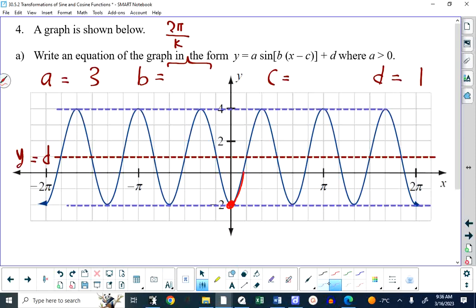So this goes up, up, down, down to that point, which means that this is the period. If you look at where pi is, there's 6 squares to get to pi, and that's 4 squares, so it's 4 pi over 6, which is 2 pi over 3. The period is 2/3 pi.